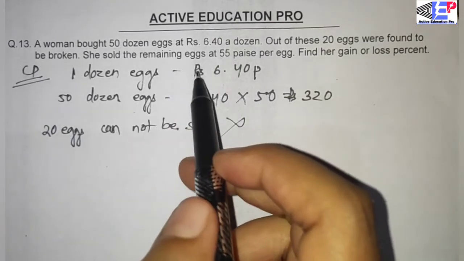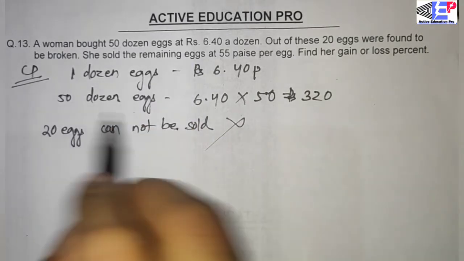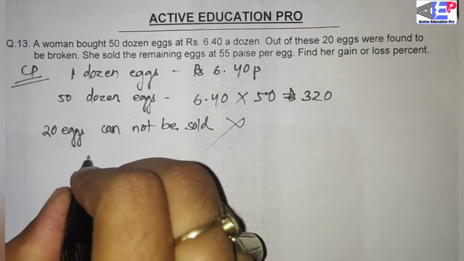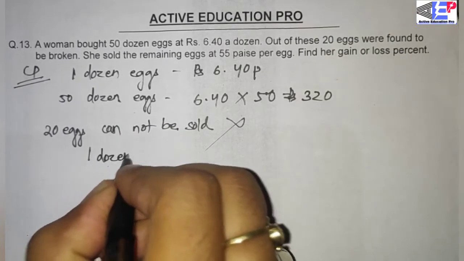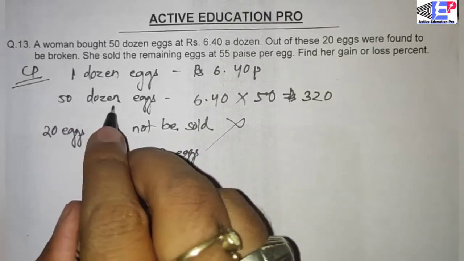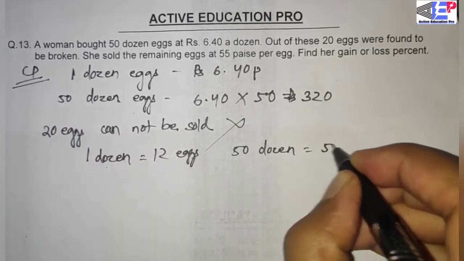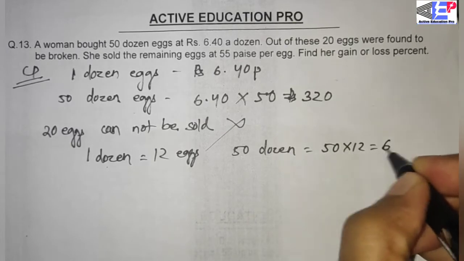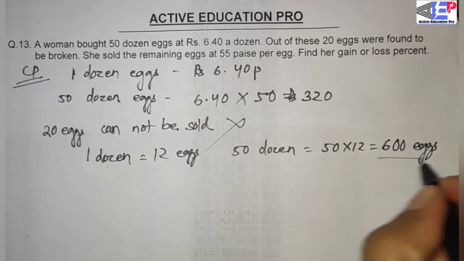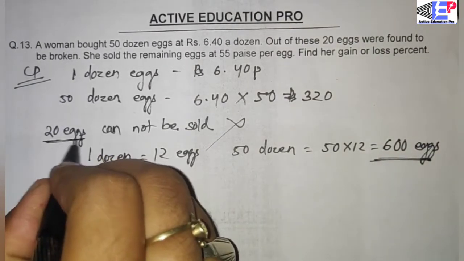For the remaining eggs, first count the total eggs and the lost eggs, and find out the remaining eggs. Look here, 1 dozen eggs means 12 eggs. There are 50 dozen eggs, so 50 into 12 is equal to 600 eggs. The total is 600 eggs, and 20 eggs cannot be sold because they are broken.